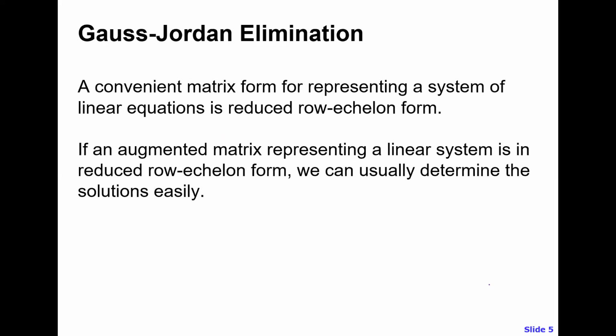All right, so Gauss-Jordan elimination is how we actually solve our system of equations in the matrix form. It's a convenient matrix form for representing a system of linear equations, and it's in reduced row echelon form. Now, if an augmented matrix representing a linear system is in reduced row echelon form, we can determine the solutions very easily.